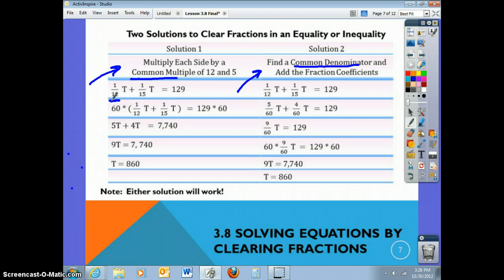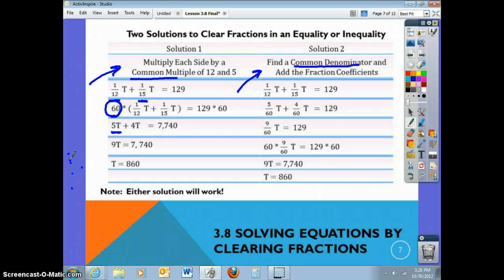We've got a fraction with a denominator of 12 and a fraction with a denominator of 15. What number can I multiply by 12, and also, what number is 12 a factor of, and 15 is a factor of? So 60. If I multiply 60 by 1 over 12, it's going to cancel out and give me 5t. The 60 and the 12 cancel, and I get 5.